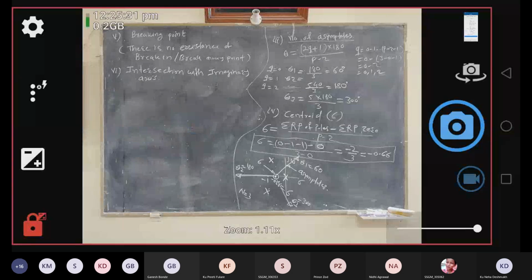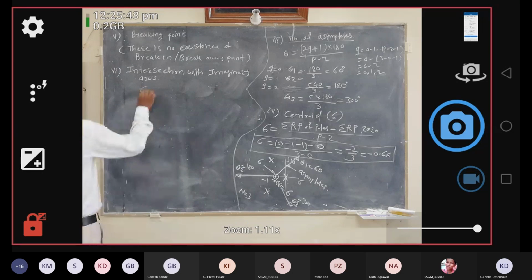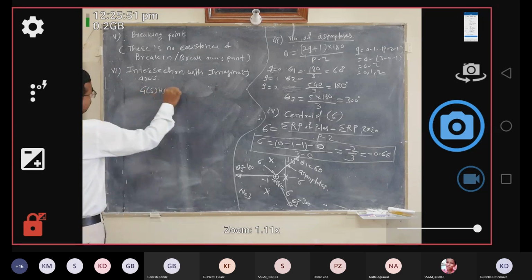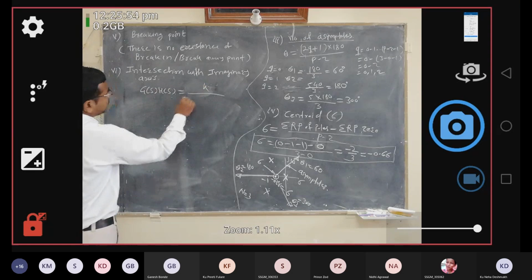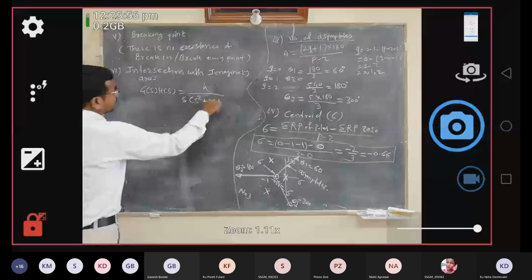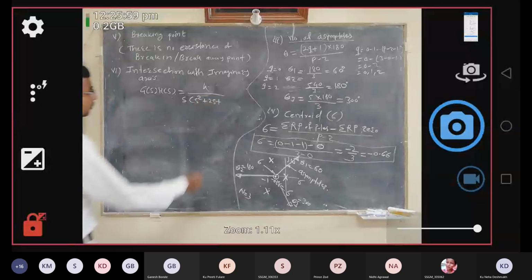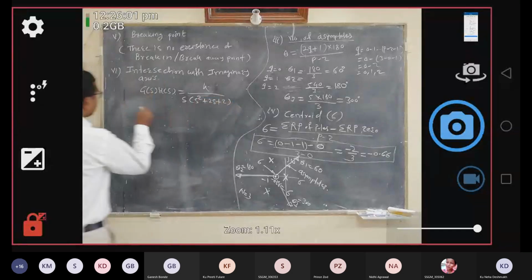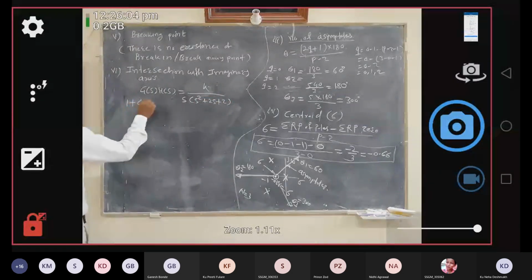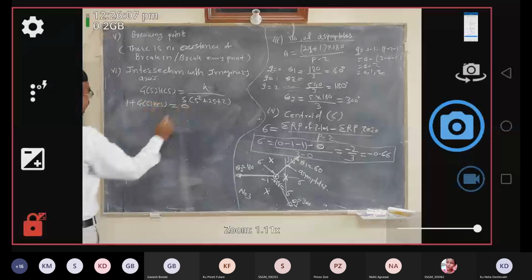So which method is used to determine intersection with imaginary axis? How to determine? So here your G of S into H of S will be given by K upon S into S square plus twice S plus 2. Okay, so write down the characteristic equation 1 plus G of S into H of S equal to 0.